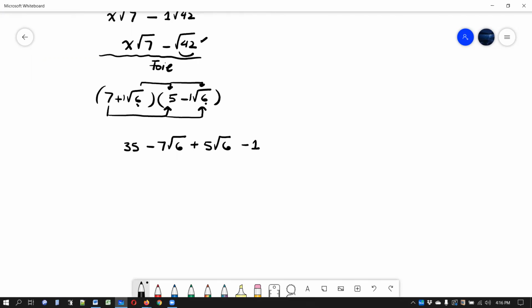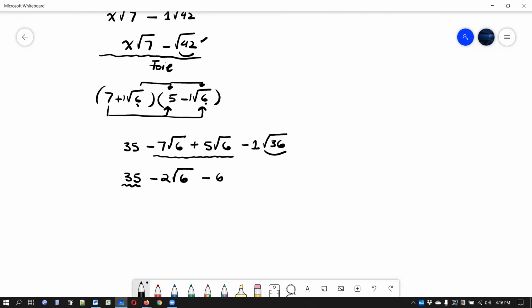And because both 6s are inside of the radical, they multiply each other. 6 times 6, 36. At this point, we realize that these two are like radicals. So we'll have minus 7 plus 5, minus 2, radical 6. And this is simplifiable. This is obviously 6 times minus 1, minus 6.